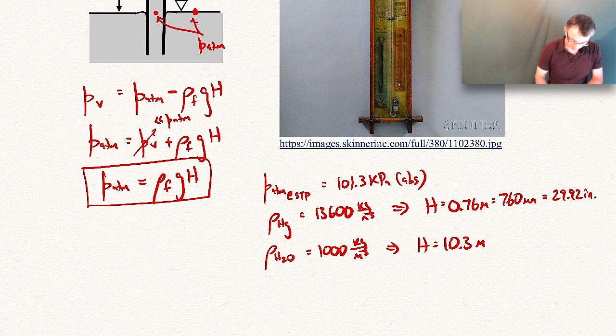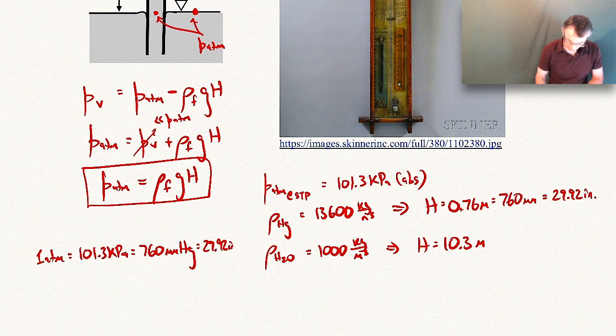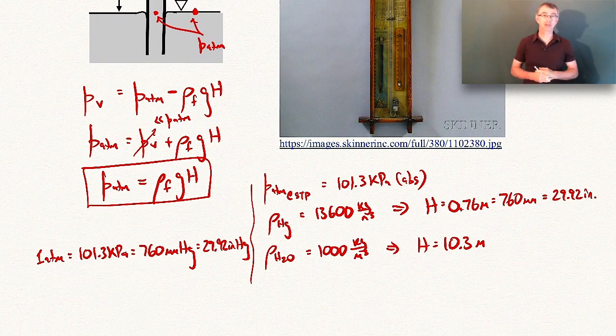One atmosphere, which is 101.3 kilopascals, is also 760 millimeters of mercury or 29.92 inches of mercury. It's just another set of units that you'll sometimes see people report pressure in, because you can use mercury as a working fluid to measure the pressure. It's probably most commonly used in the meteorological area.